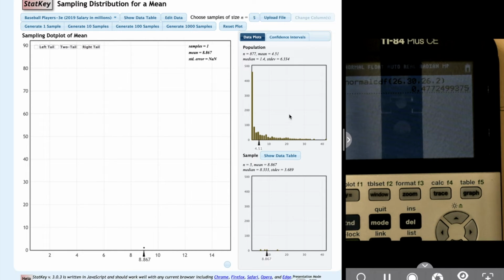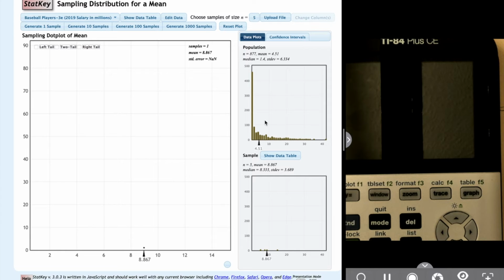This one dot is what I get when I choose 5 random individuals from this population, 5 values from these 877 distinct values, and I take those 5 values and calculate their average. That's why there's only one dot here. I'm not taking 5 individuals and plotting their 5 values. I'm taking 5 individuals, collecting their average, and putting that in the distribution once.